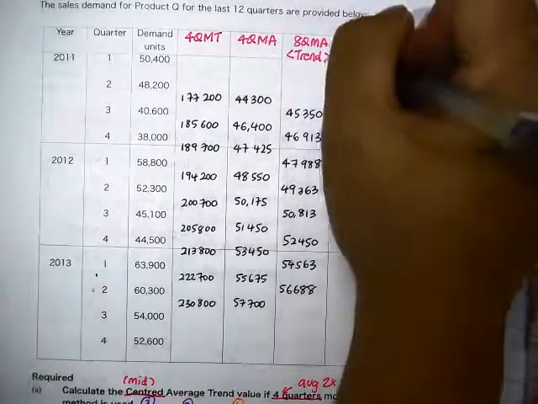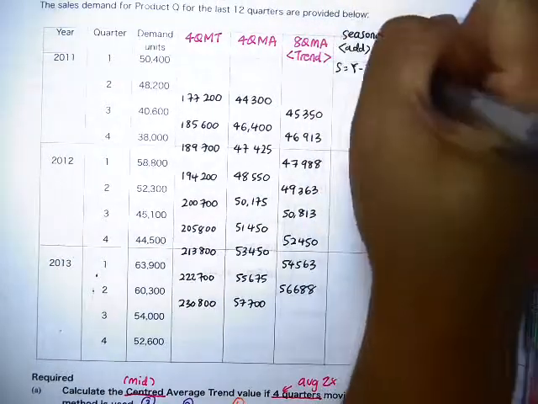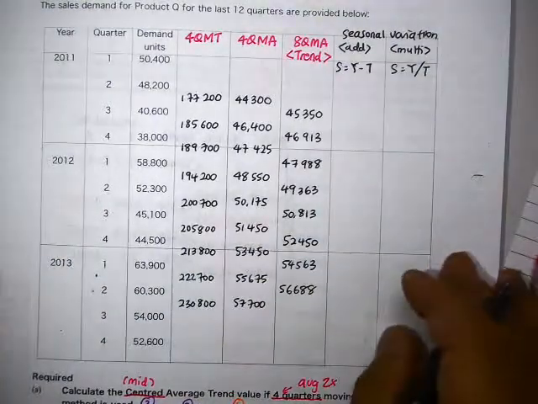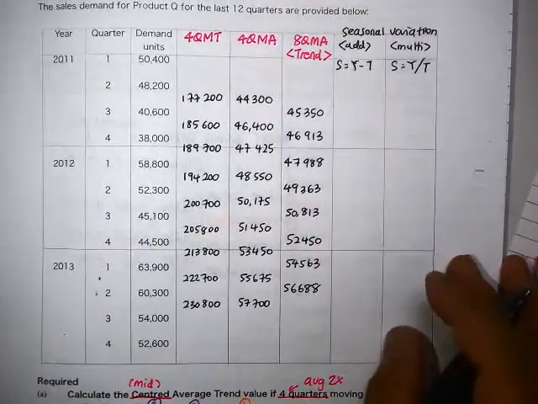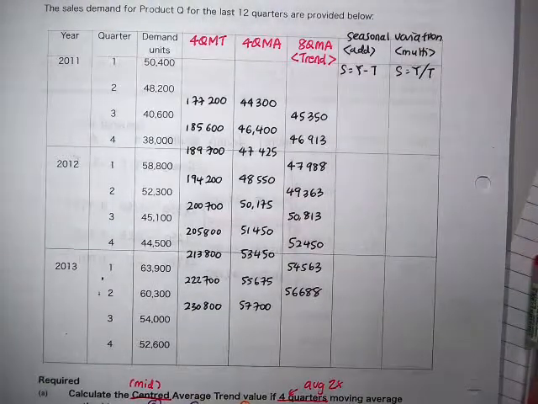Under the additive model, S is y minus t; under the multiplicative, y divide t. Again, I'm just using the table as a more convenient way of getting the figures that I need.